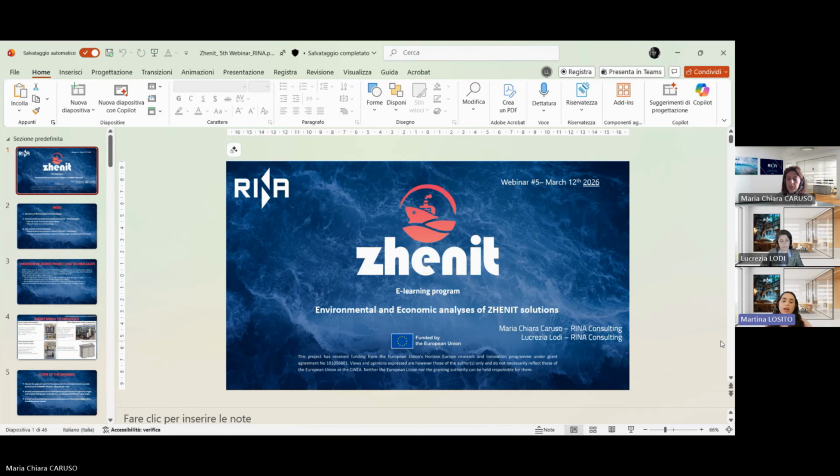So we ask to compile this information, and this information should be referred to the reference unit, the functional unit, or if that is not possible, to a unit that will then be converted into the functional unit.